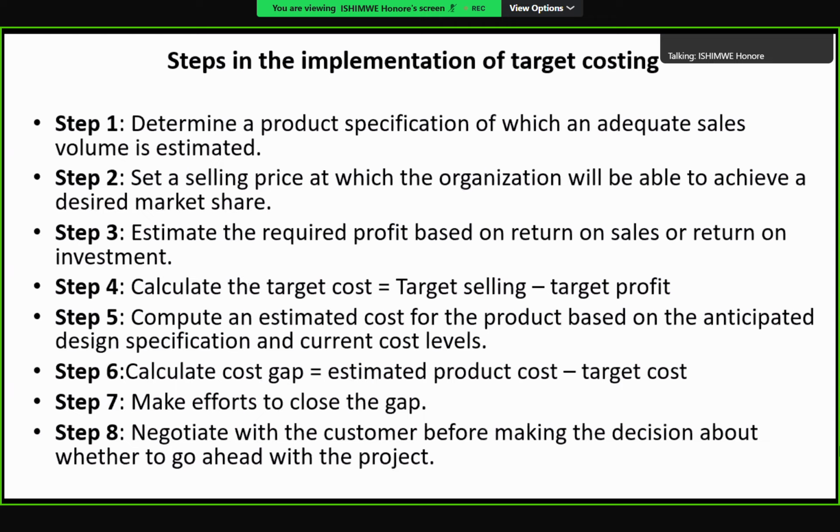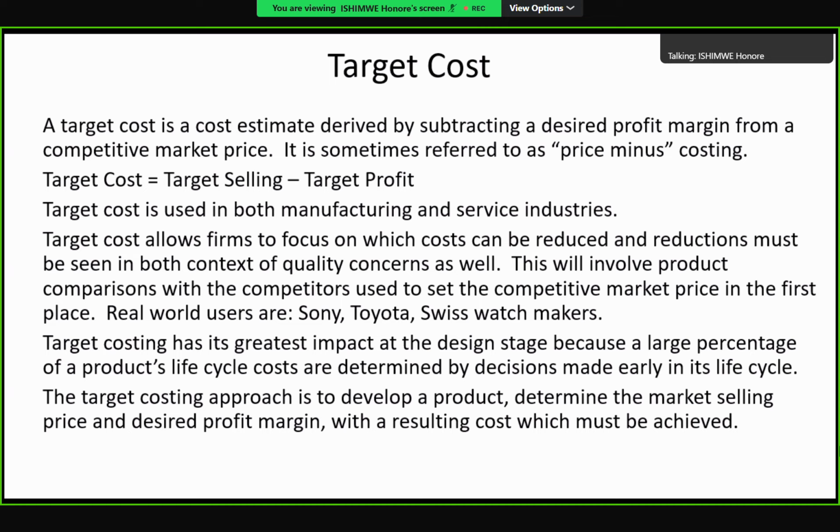So now, target costing, the steps to implement it. Let me first come here before I go to the steps. We say target cost is equal to target selling price minus target profit. So how do you get this target selling price? In a normal situation, the company goes to market, does a market survey and sees, if we bring this product on the market, what price the customers are willing to pay for those products.